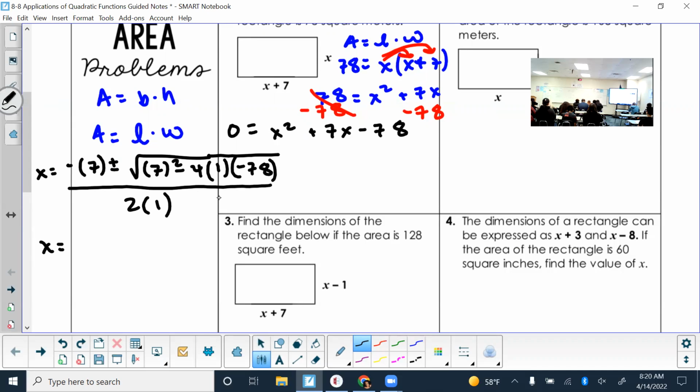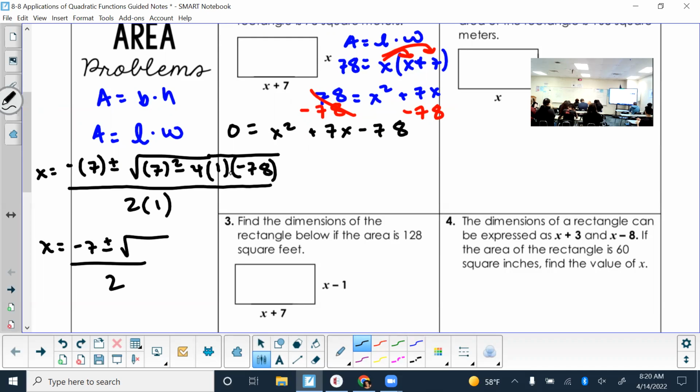So then start simplifying it. This is just plugging it into the quadratic formula. Anyone confused where these numbers came from? All right, so then start simplifying it. I get negative 7 plus or minus, I'm going to put the discriminant in the calculator, over 2 times 1. What's 2 times 1? 2.